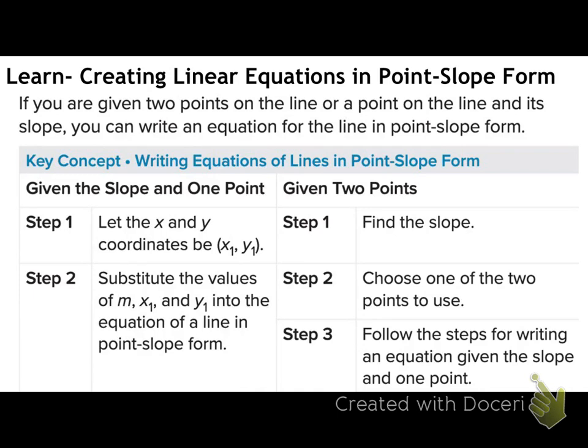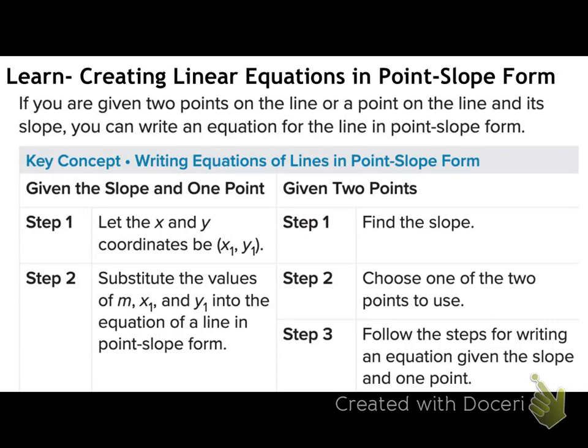Let x and y of that ordered pair that you're given be x1, y1. Substitute the values for your slope, m, and the values from the ordered pair, x1 and y1, into the equation of a line in point slope form. That's all you got to do. This is the easier thing to be given, a point and the slope.